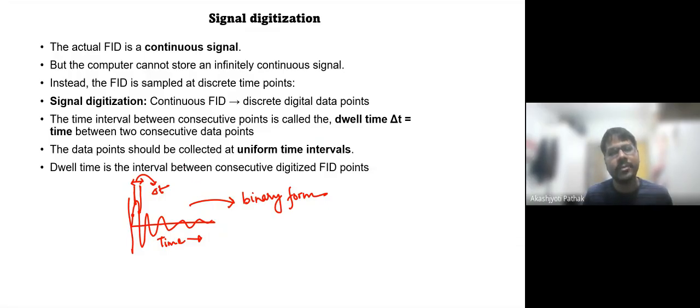Dwell time is the interval between consecutive digitized FID points. I think this is clear. Your FID is basically a continuous signal, and the signal is sampled at discrete time points. The duration between two discrete time points is called the dwell time.